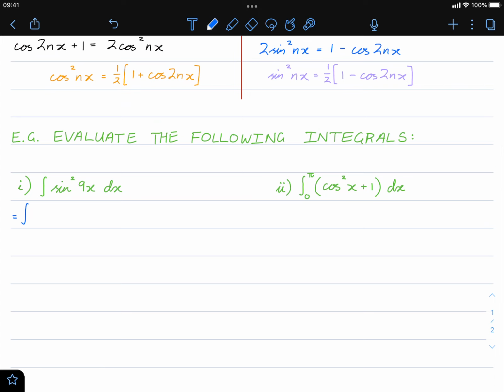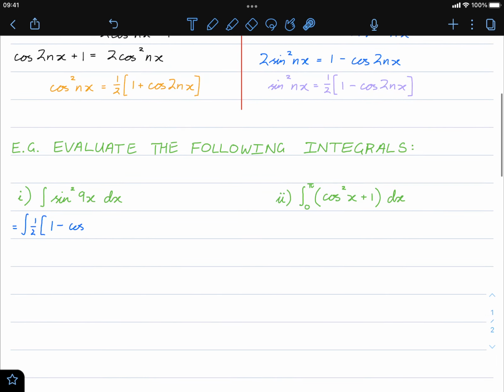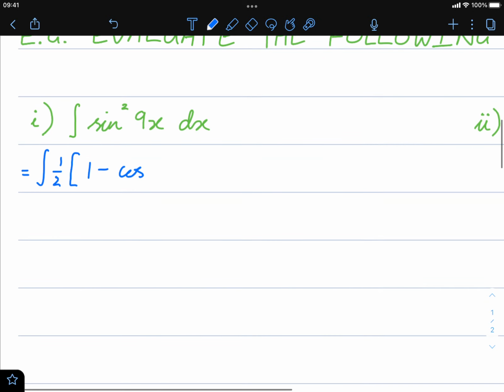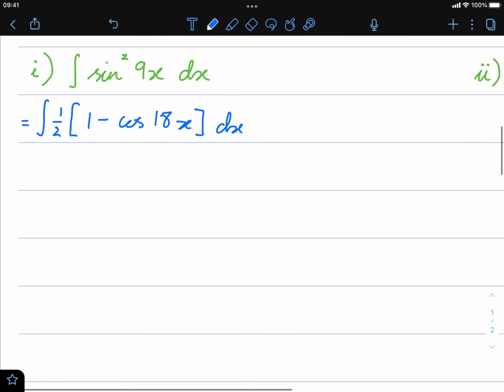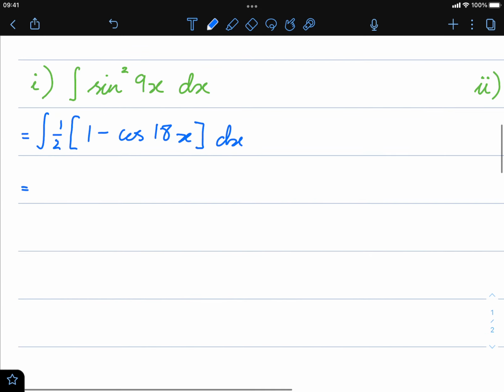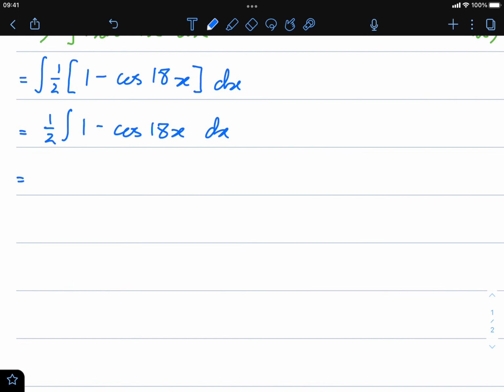So we get half times 1 minus cos of 2 times nx. n right now is going to be 9, so when we multiply it by 2, we get 18x, dx. From here, I like to factor out any constant values, like so.